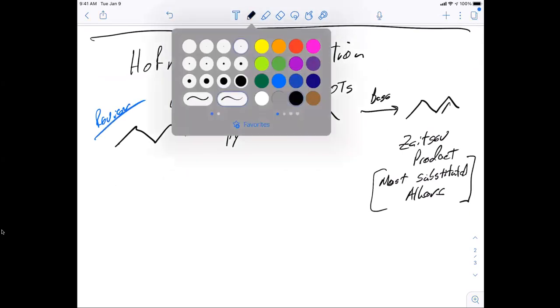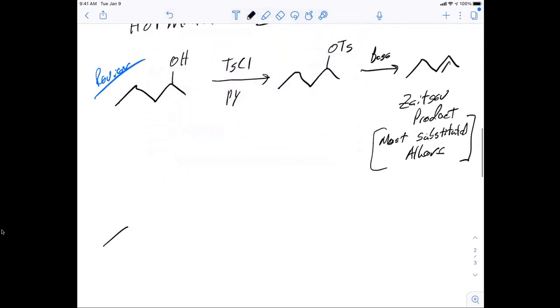With Hoffman eliminations, we're going to start with amines. And the first thing we're going to do is activate those like we would with the tosylate, but we're going to activate it with methyl iodide excess. Right. The other reagents you might see here would be CH3I and something like potassium carbonate.